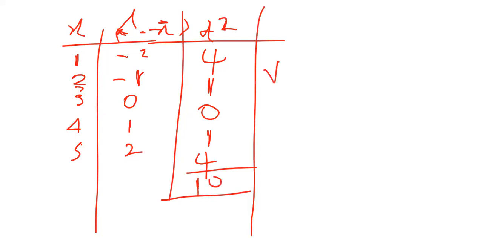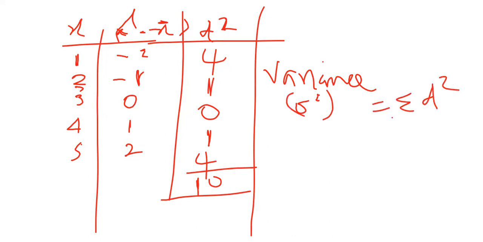So variance, which is sigma square as a symbol, is equal to the summation of this square all over n. That will be 10 divided by 5. Result is 2. That is the variance.